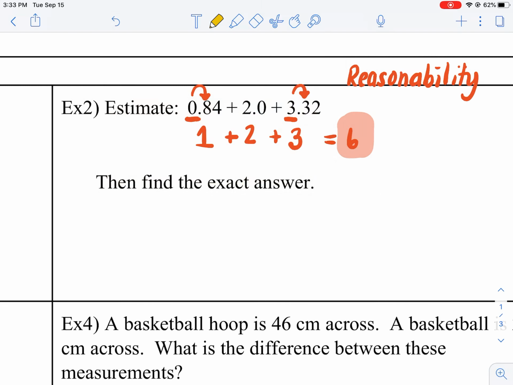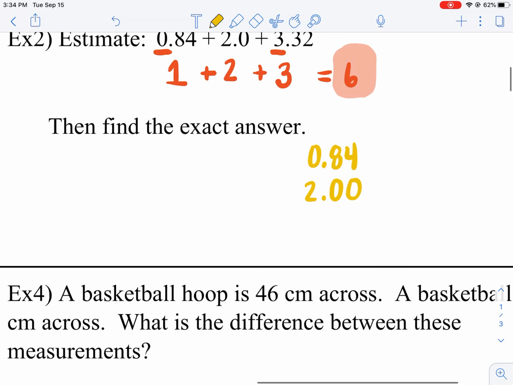So the estimation here is 6. Now we're going to do the actual answer. And our exact answer should be really close to 6. We shouldn't end up with a number like 16 or 18 or any crazy number. Our answer could be maybe 5 point something, it could be 7 point something, but nothing too far. So let's find out what it is. We have 0.84, we have 2.0, and I'm going to add another 0 there, and then 3.32.